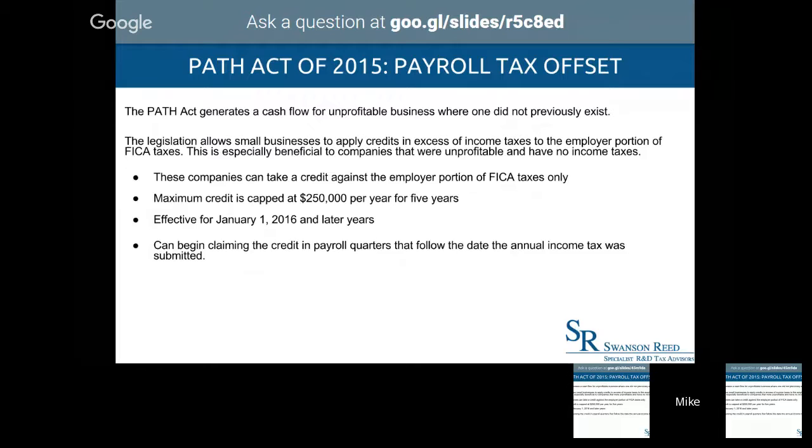And payroll periods for tax purposes are broken out into quarters. So the first quarter that you should be able to do this, if you're real quick on getting your return in, would be the second quarter of 2017. So it behooves you to get your return in early.